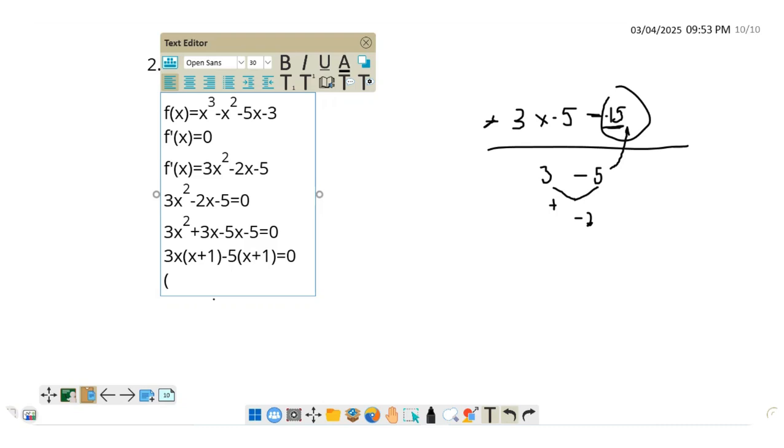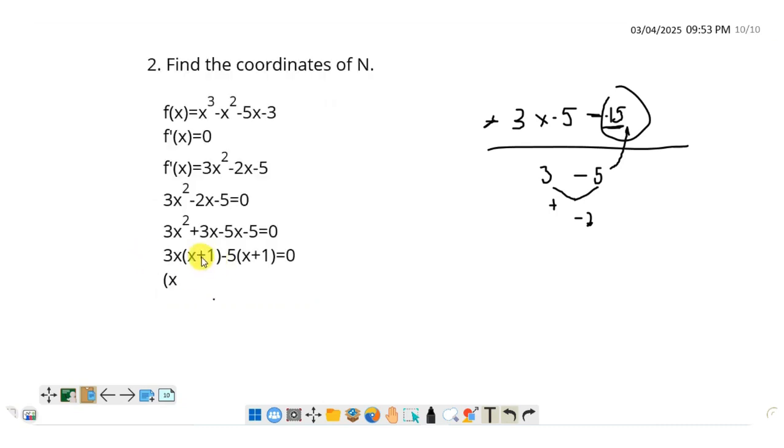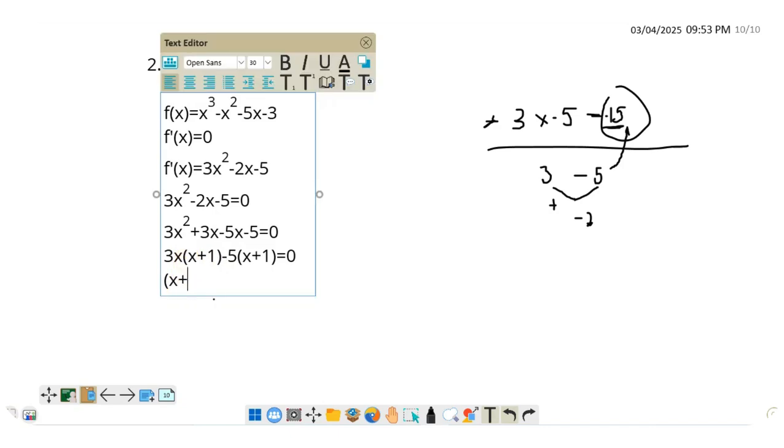So I take x plus 1 out as a common factor, times, now if I take this out, what do I remain with? 3x minus 5, equals 0. And this is how easy it is, because this one gives x equals negative 1 and x equals 5 divided by 3.